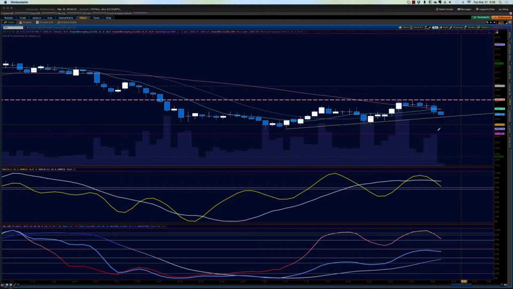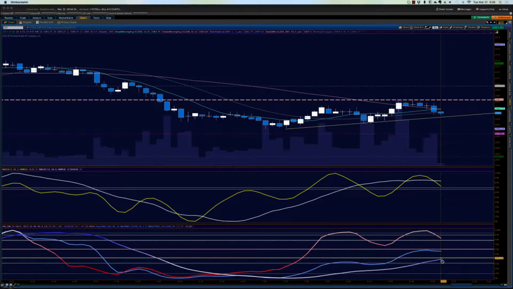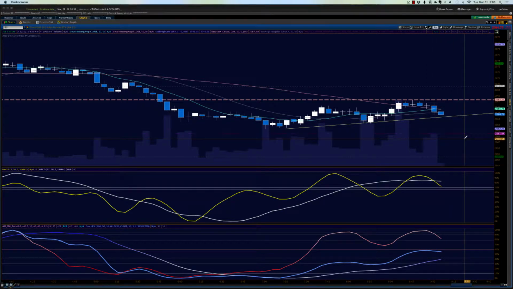Yeah, this tells us we have mixed momentum, so it should chop us around fairly well. But if we lose this, these guys are still underneath the 50% line, and so we should see the collapse into the region. Could you aggressively take it below 2063.50?